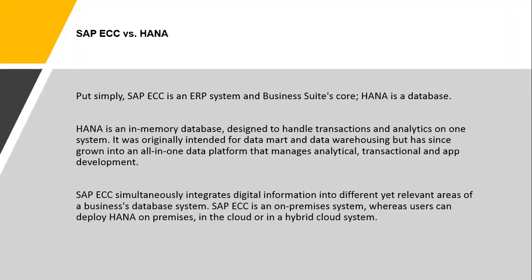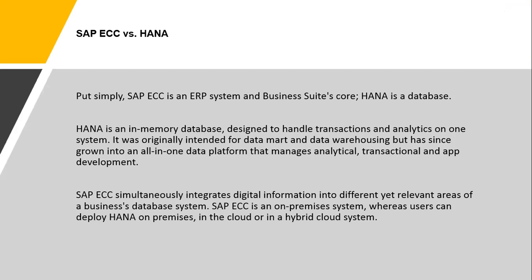Now, ECC versus HANA. Put simply, ECC is the ERP system and business suite core. HANA is more like the database. HANA is an in-memory database designed to handle transactions and analytics on one system.